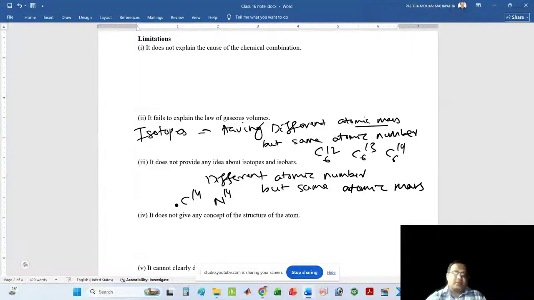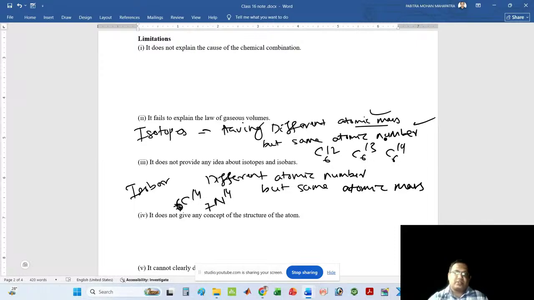But carbon has atomic number 6, and nitrogen has 7. Look at that. Isotopes means having different atomic mass but the same atomic number. Isobars means different atomic number but the same atomic mass. I have taken the example of isotopes of carbon.